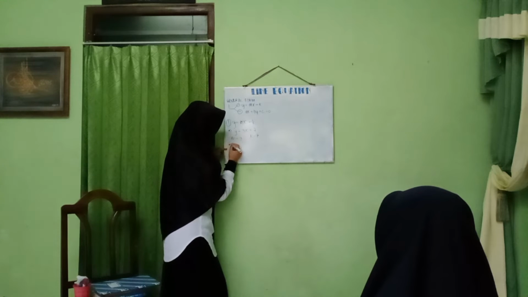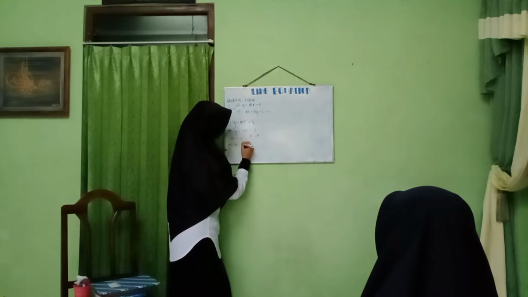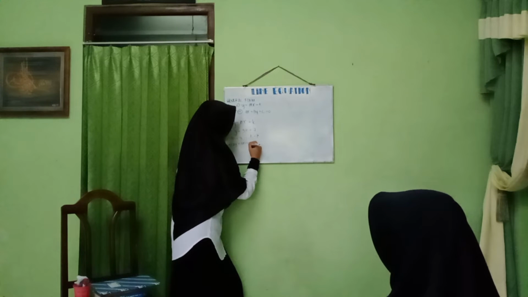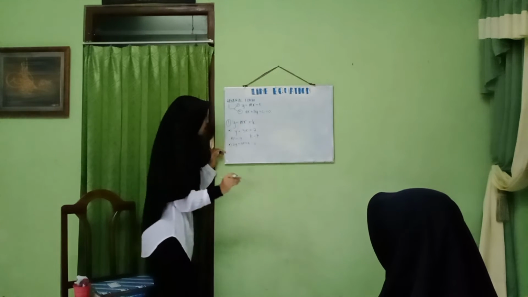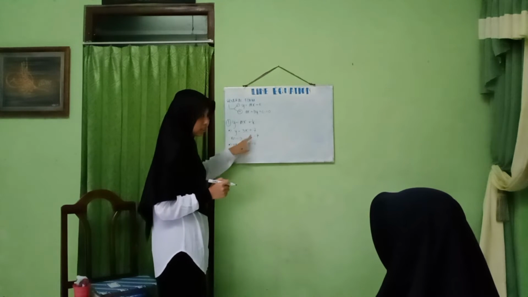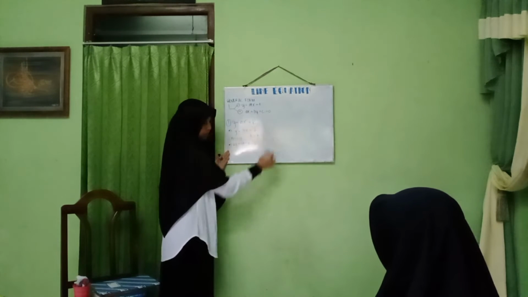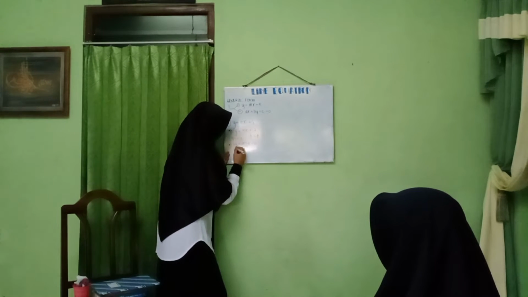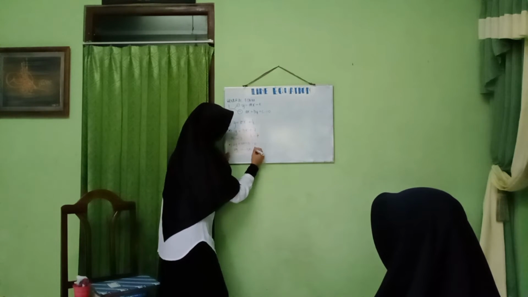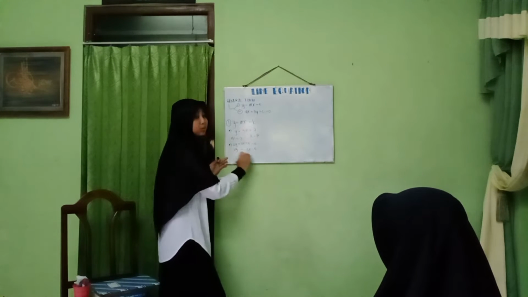And suppose I have 2y plus 3x plus 5 is equal to 0. How can we find the value of m and the value of k? First, we have to change this form into this form. So it's going to be like this: 2y is equal to minus 3x minus 5. And then we divide it by 2.